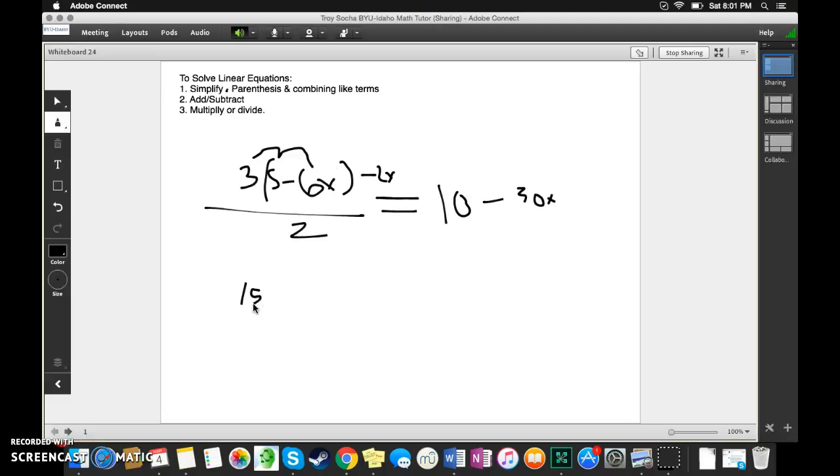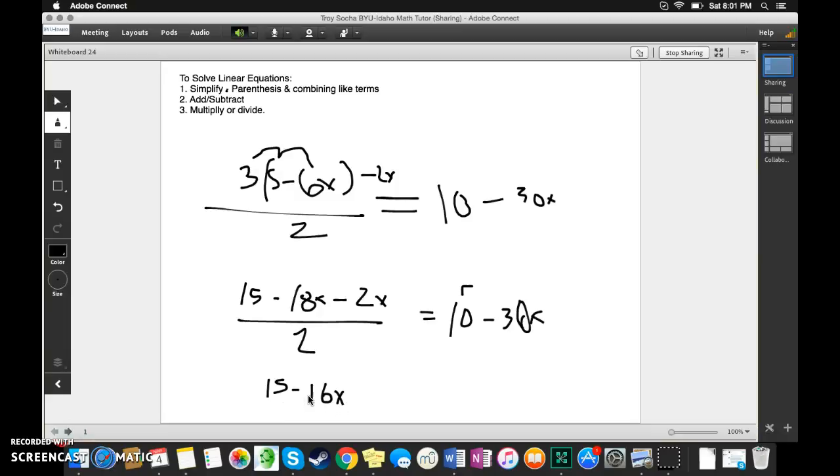So 15 minus 18x minus 2x, all over 2, equals 10 minus 30x. So we turn this into 15 minus 20x over 2 equals 10 minus 30x.